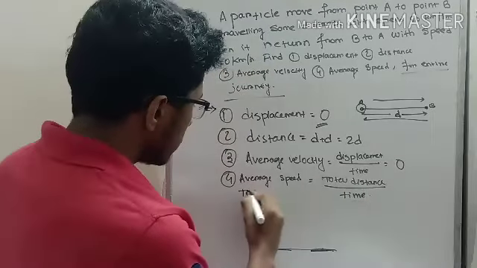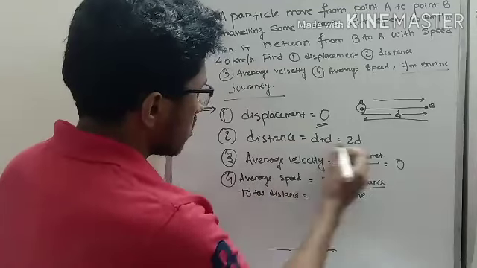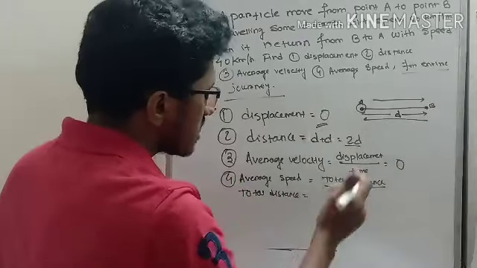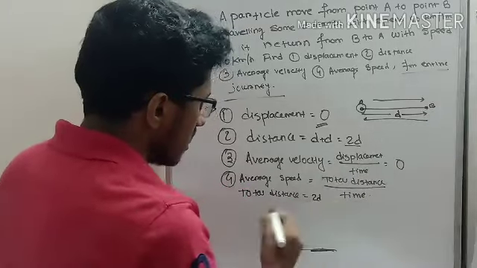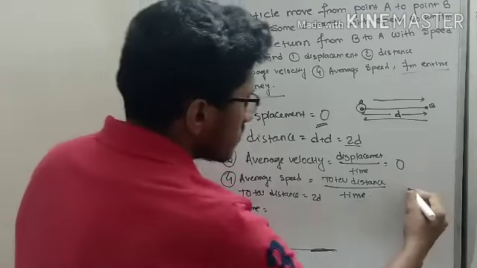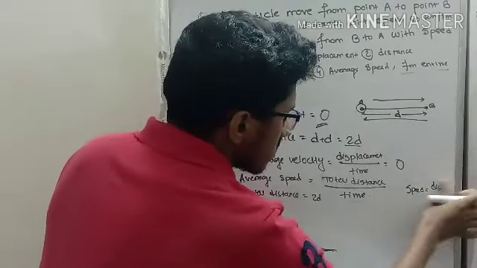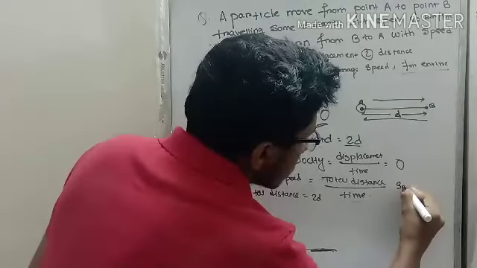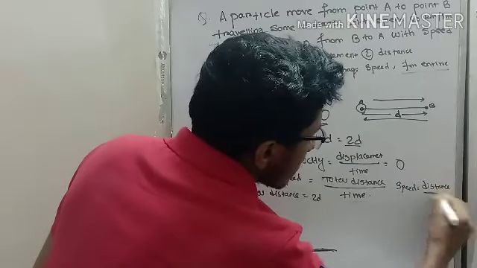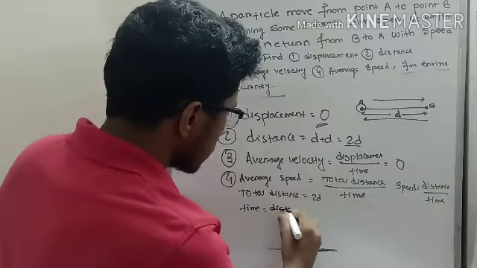What is the total distance? 2D. For A to B, D, and for B to A, D. D plus D is 2D. And time? Speed equals distance by time, so time is distance by speed.